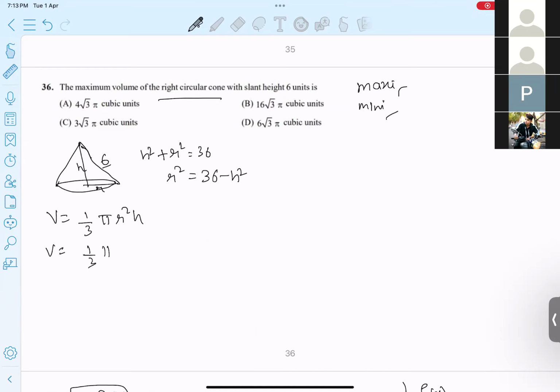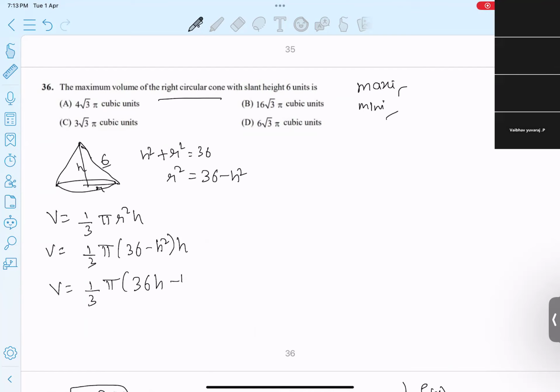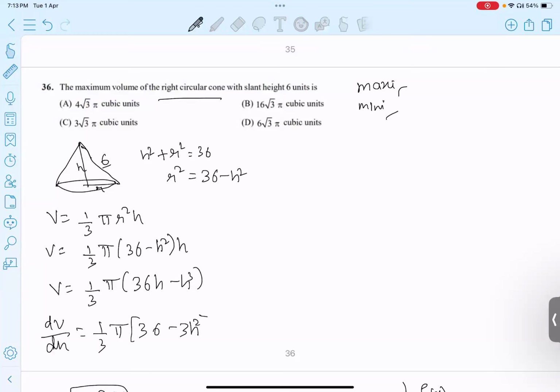So we'll write r square as 36 minus h square into h. So v is equal to 1 by 3 pi 36h minus h cube. Differentiating this with respect to h gives us 36 minus 3h square. And if I equate it to 0, we'll get the point. The point is just h values.